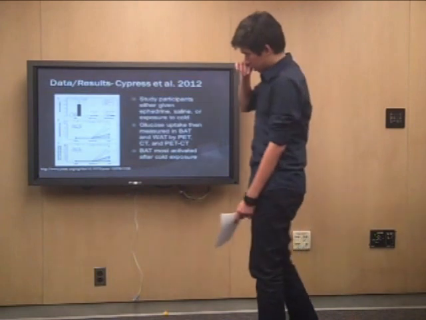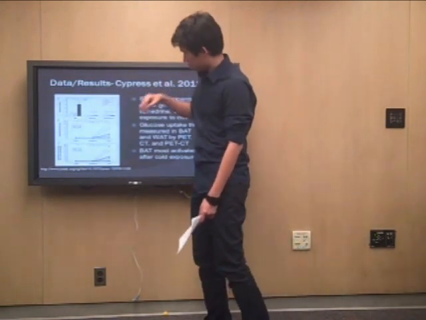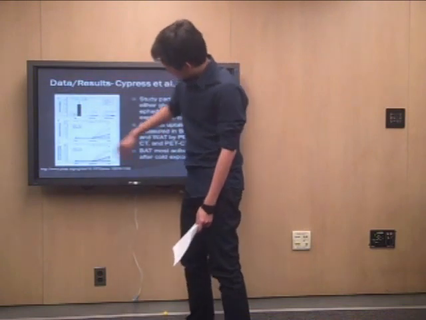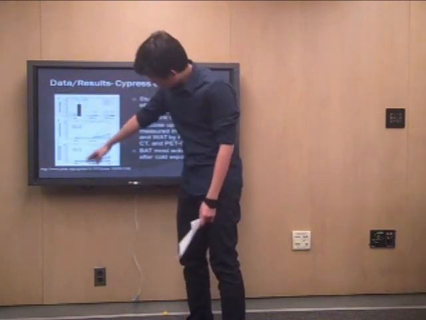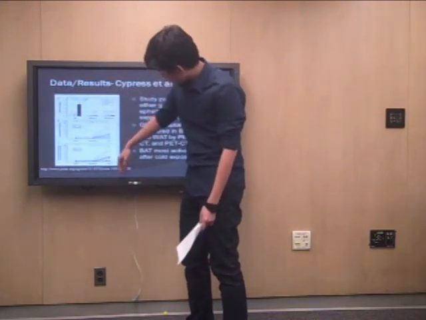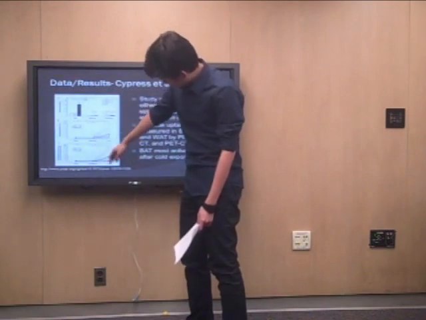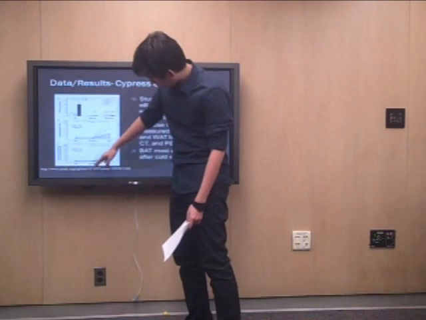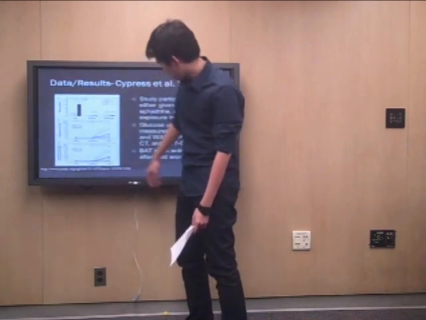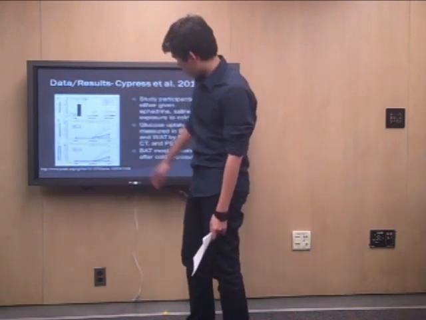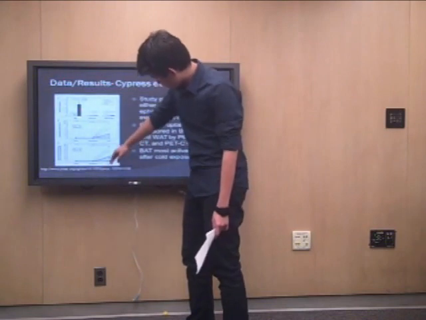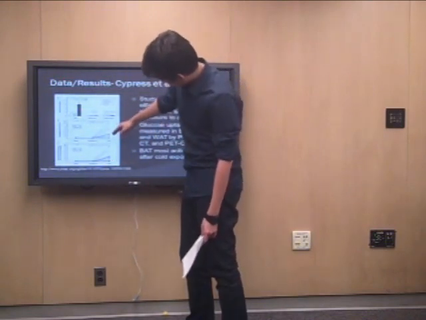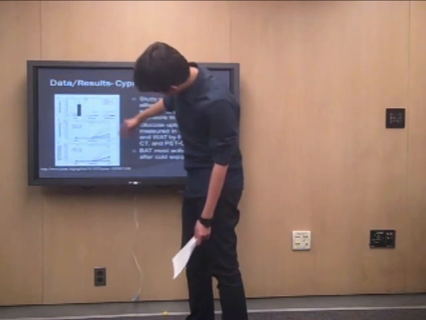As you can see in figure B and C, for saline and ephedrine, all the subjects remain at or below the level of detectable activity, while for cold exposure, all the points are very high up there.